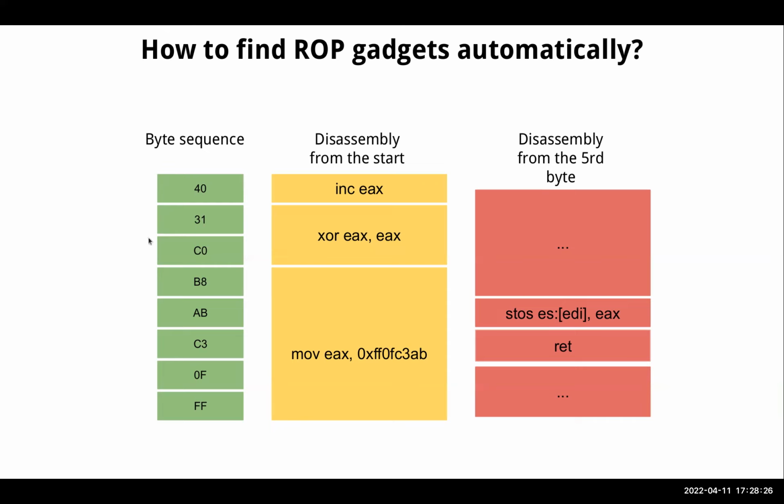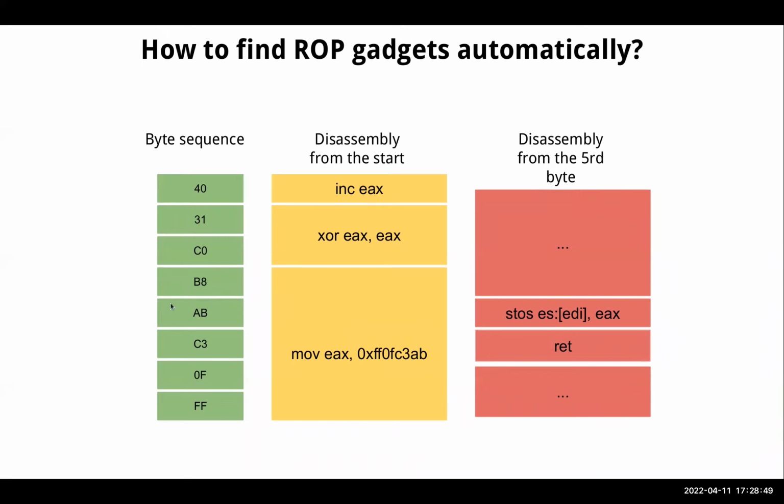Let's say it executes from the 5th byte, which means it jumps into the middle of one of your instructions, rather than the beginning, as you originally designed your code.